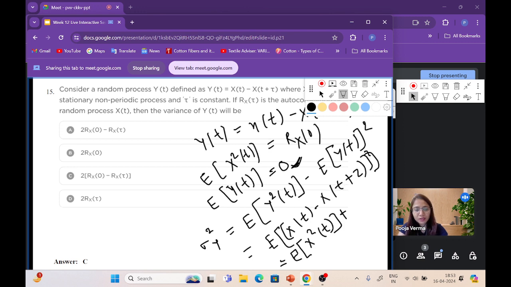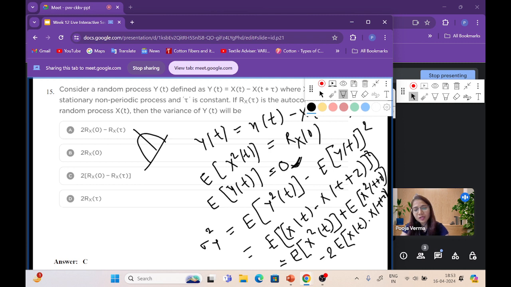If we open this, expectation of x square t plus tau, minus 2 expectation of x of t into x of t plus tau. Okay, and also we know that expectation x square t or expectation x square t plus tau, at the origin, it will be the maximum.